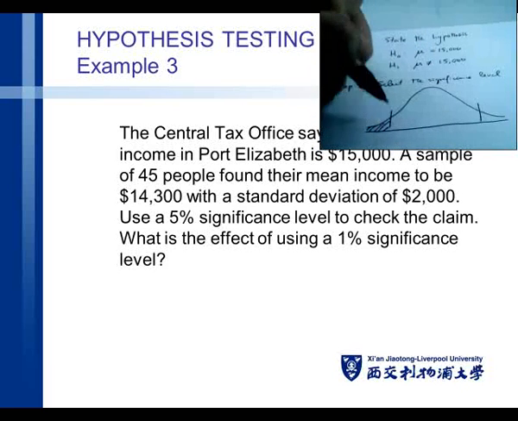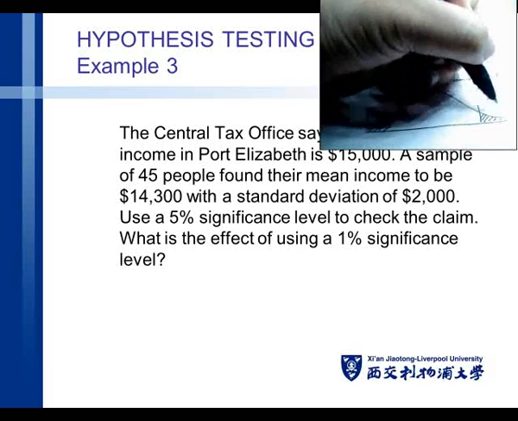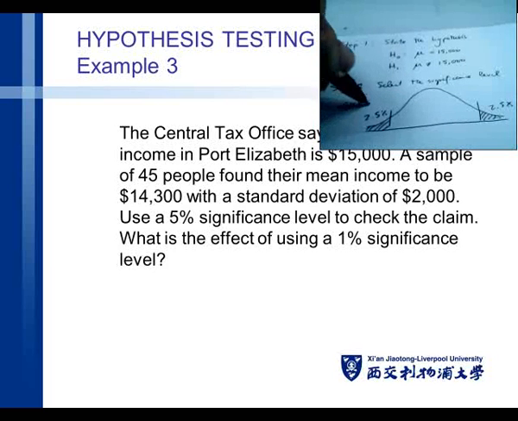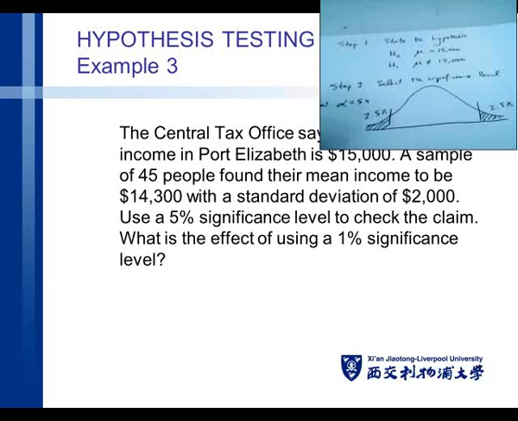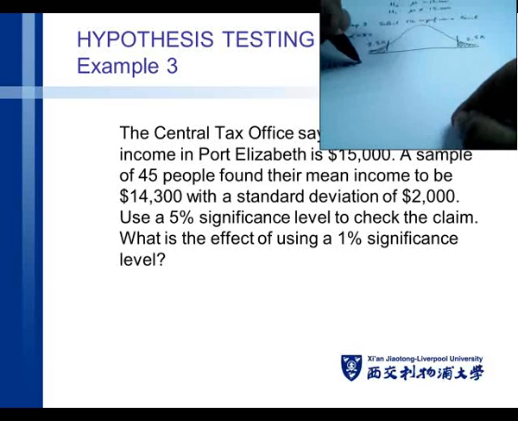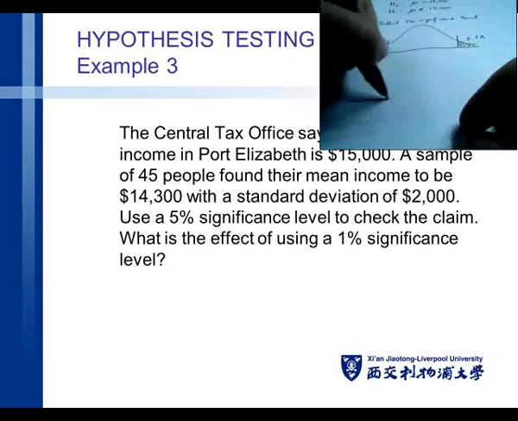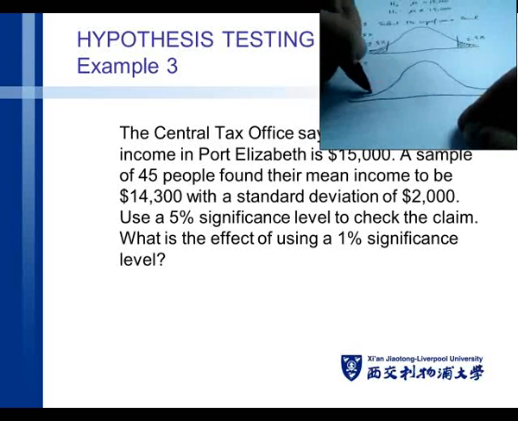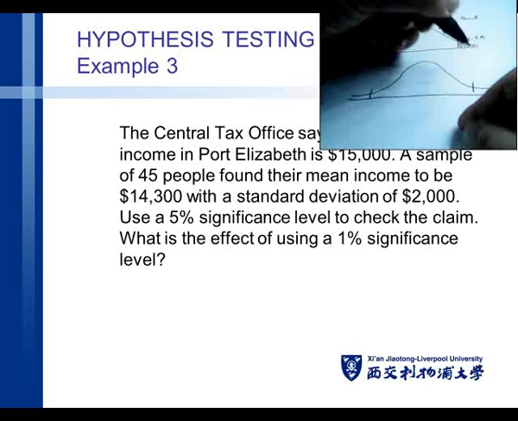At the 5%, you have on each tail a probability of 2.5%. And if you have a significance level of 1%, then what we're looking at is 0.5% on each tail.